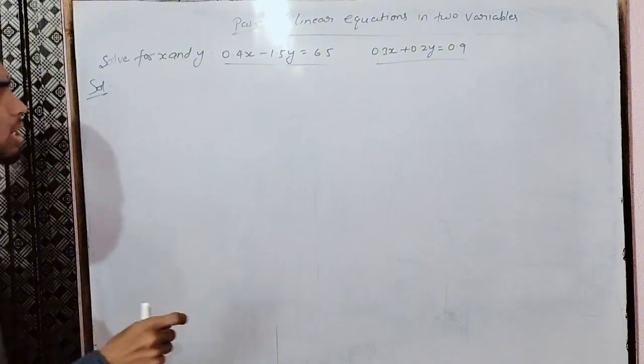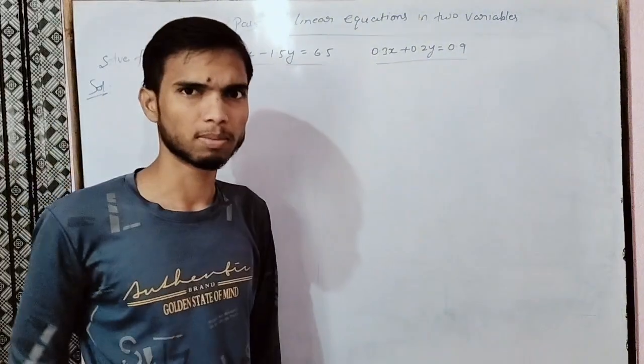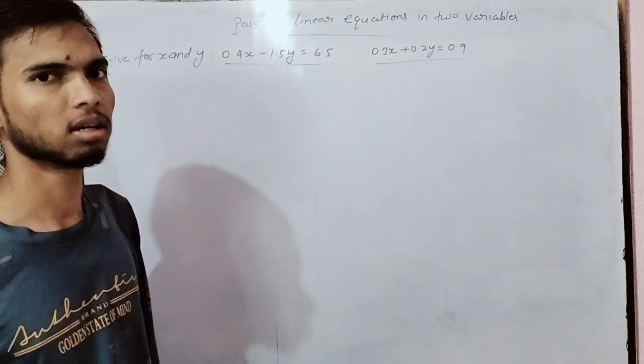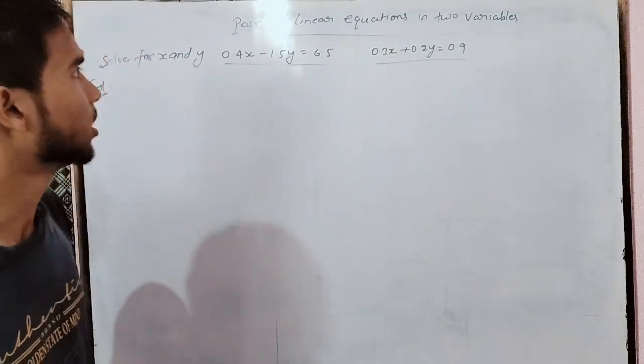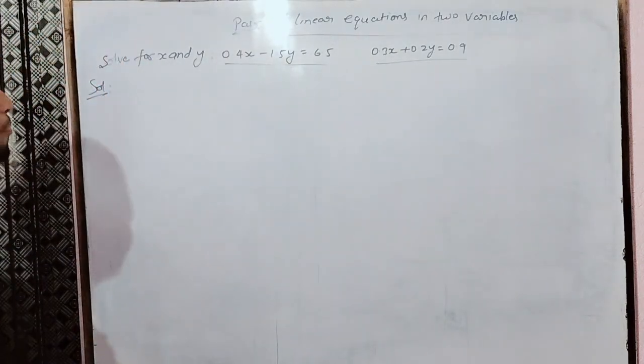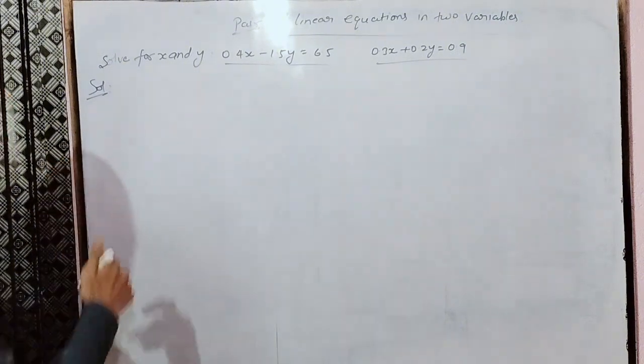First, let's remove the decimals in the linear equations. So how do we remove decimals logically?